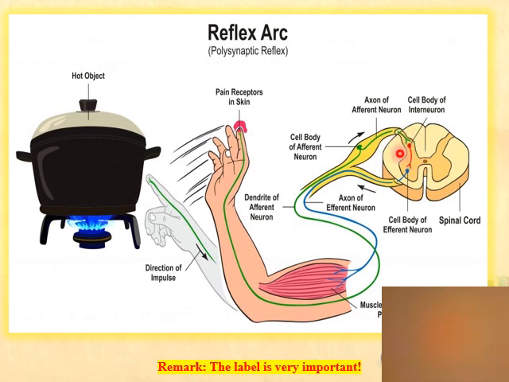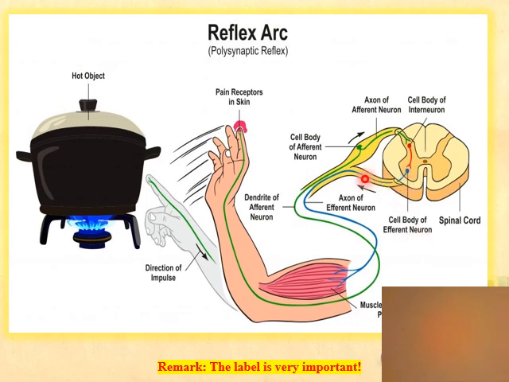At this level, the interneuron or the relay neuron is going to transfer the sensory information to the motor neuron, to the cell body of the efferent or motor neuron, and this is the cell body.